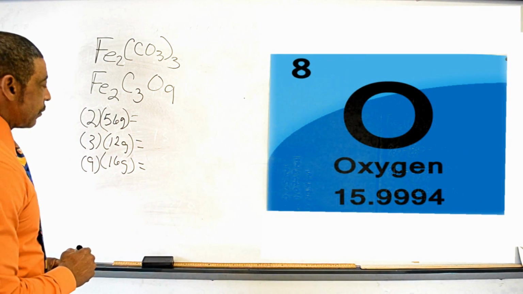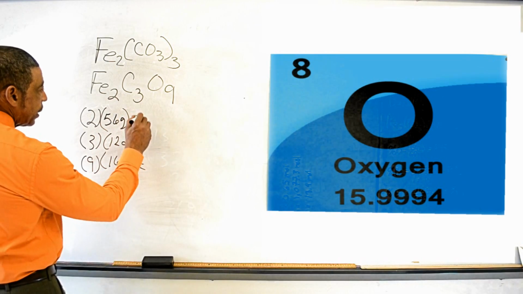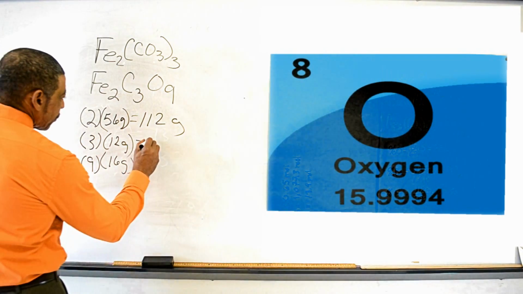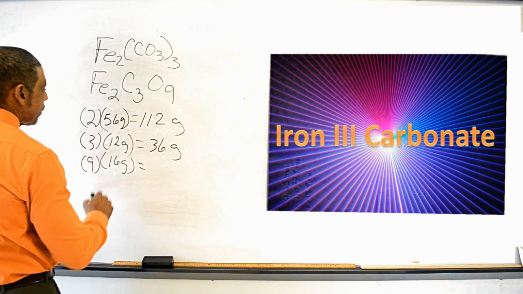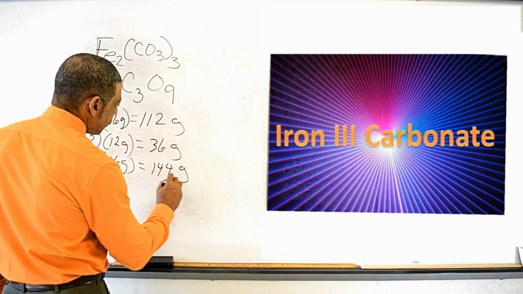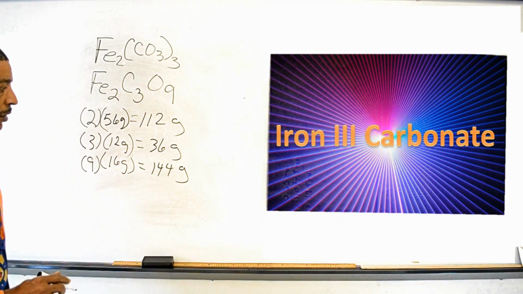So the product here will be 112 grams of iron. Here we have 36 grams of carbon, and here we have 144 grams of oxygen.